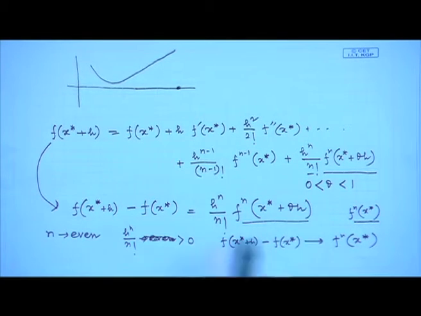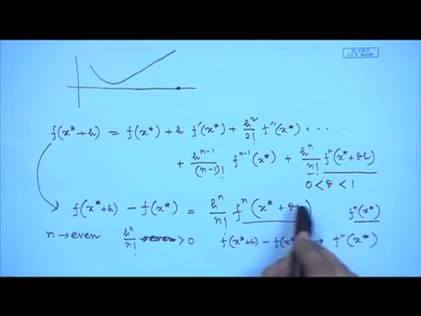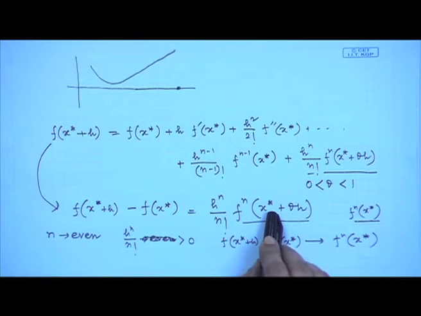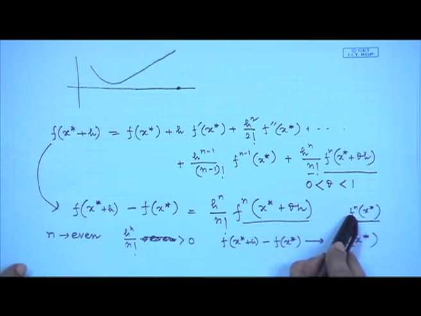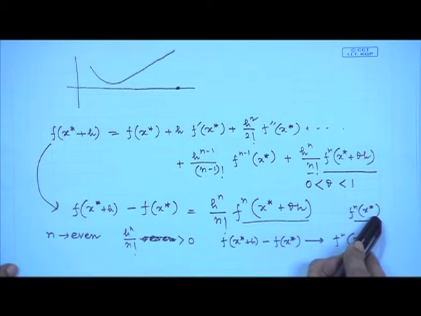Now, it is given that f^n(x star) is non-zero, and whatever sign f^n(x star) has, it will have the same sign as f^n(x star plus theta h), because theta is very small from 0 to 1 and h is also very small. That is why if we look at the sign of f^n(x star), from there we can conclude whether at x star we are having the minimum or not.